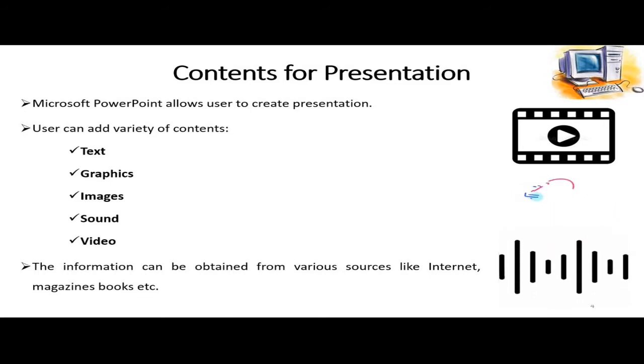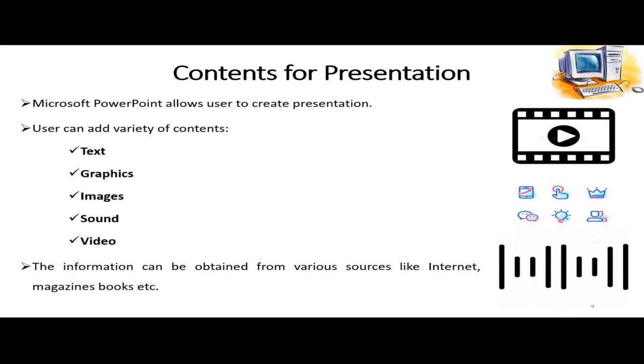It's your choice whether you are searching for the information on the internet, or you are consulting any book or magazine. So you can get information from different sources to include inside your presentation.